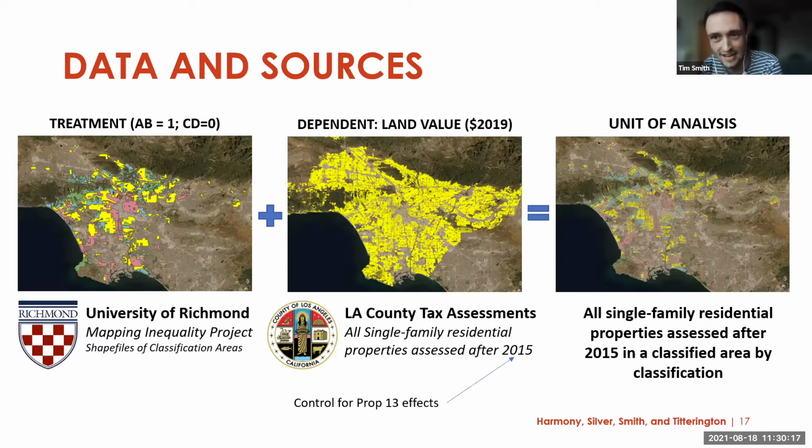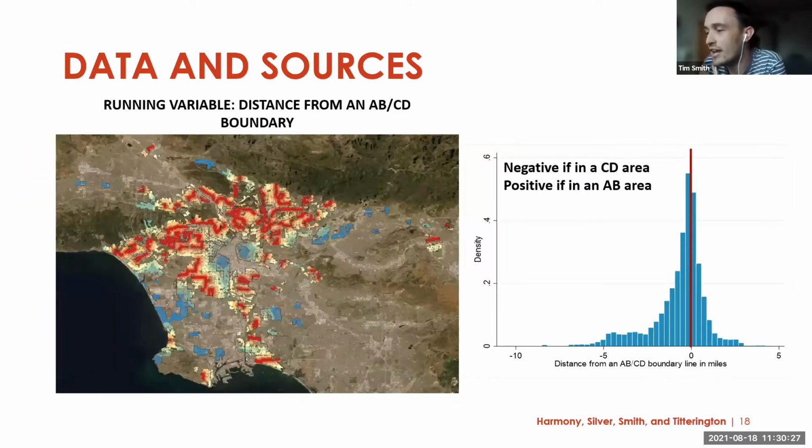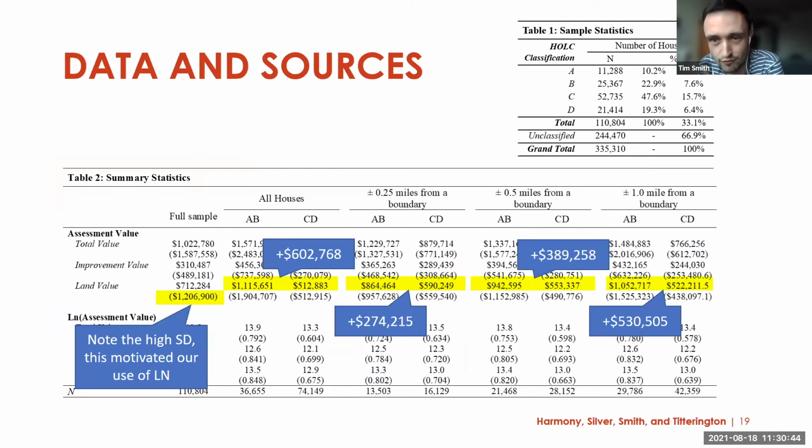We sewed them together onto this excellent shapefile from the University of Richmond in Virginia. And then we were able to calculate how far a particular house was from a boundary line. We looked at the most problematic boundary lines versus the ones that were given privileged status. And then we measured what the actual differences were in the price of a home.